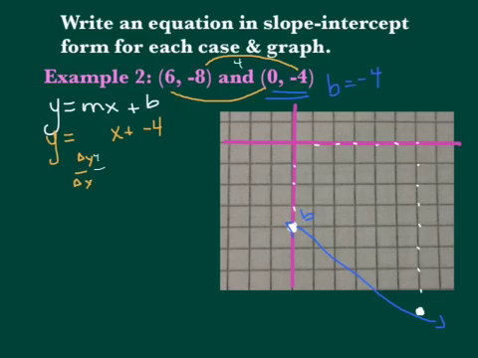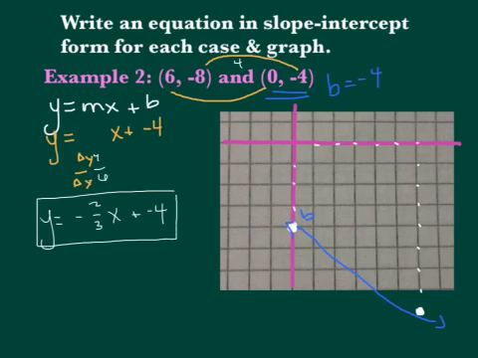So they were a -6. Well, we can simplify 4 over -6 as -2/3 for the slope. So the equation is y equals -2/3 x plus -4.